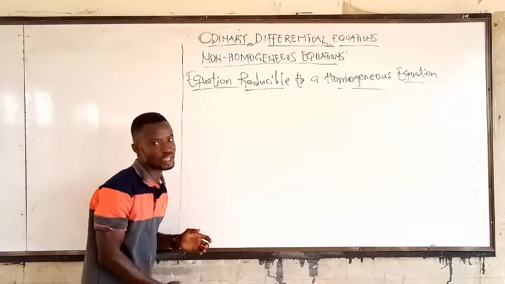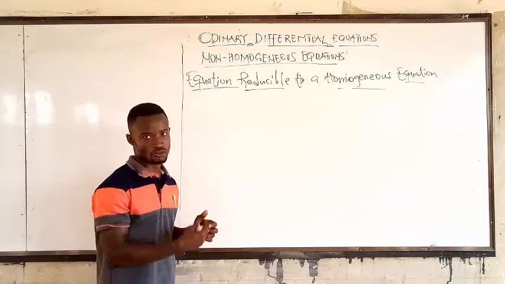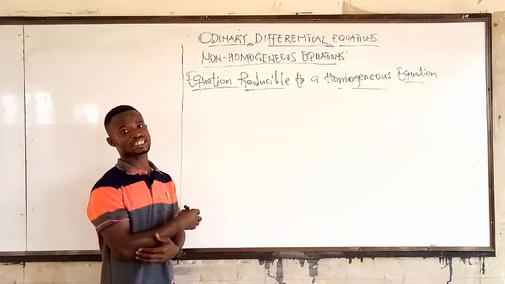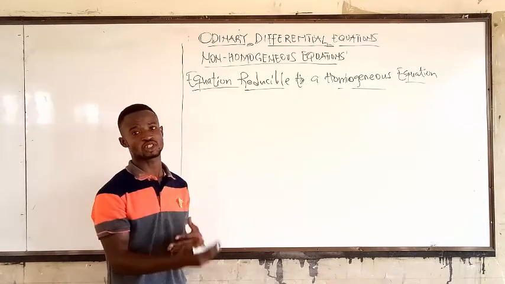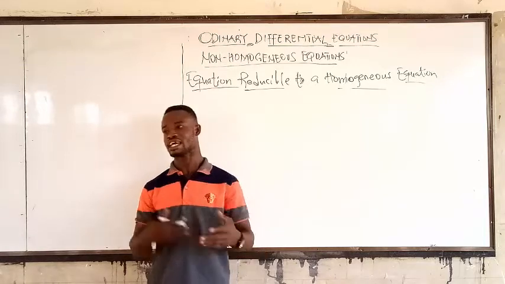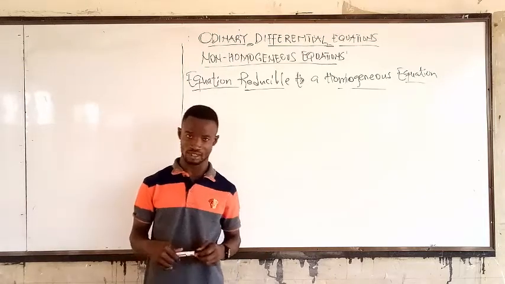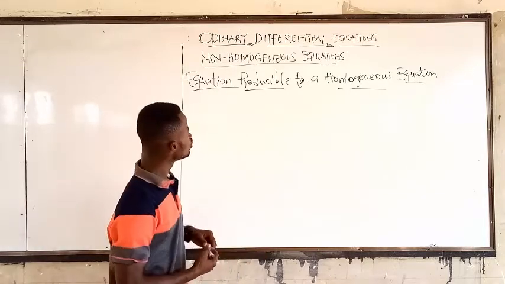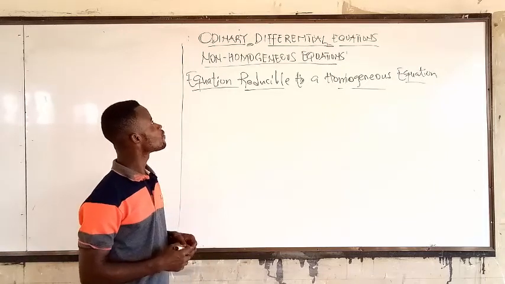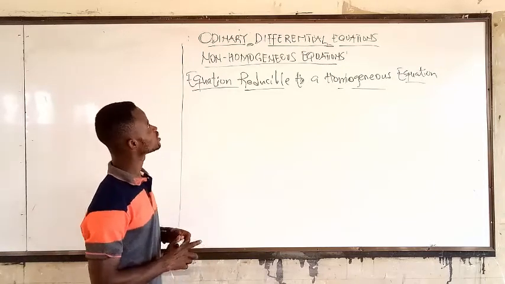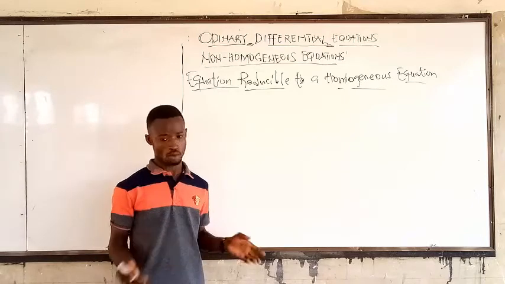Then you resolve it using the idea of solving a homogeneous equation, that is, you let y be equal to u of x, and like that we get to the solution. Very good.